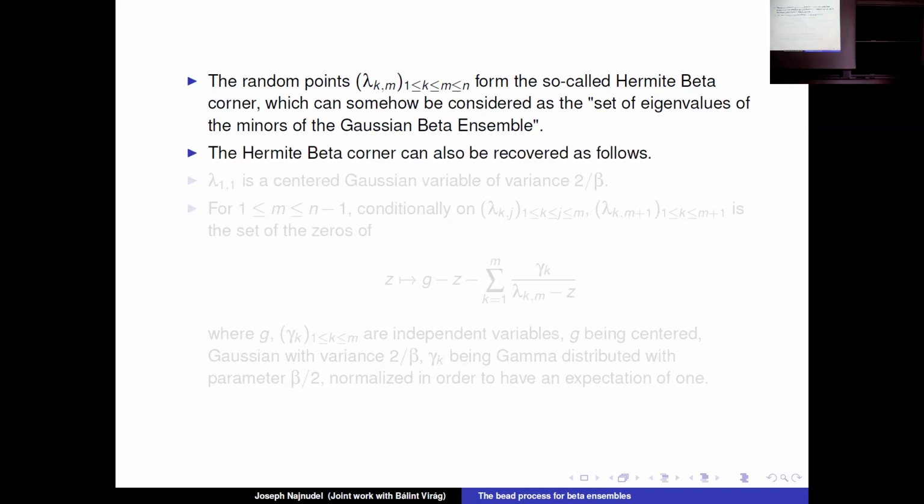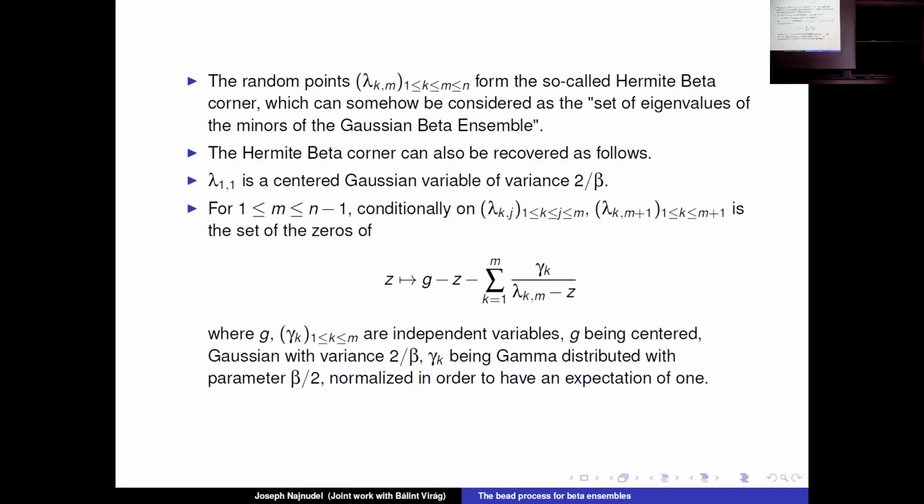And the Hermite beta corner, in fact, can be constructed differently. The construction by Gorin and Shkolnikov is by taking a joint density of all the sets of points. So there is an explicit formula. And in fact, there is another way to construct the process. So we start with a centered Gaussian variable.